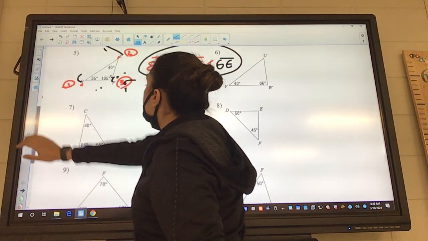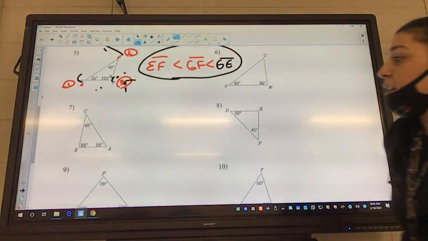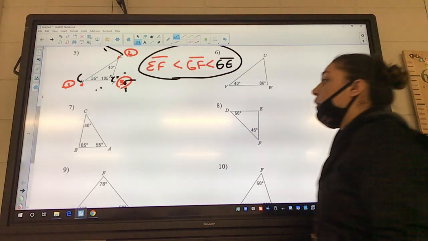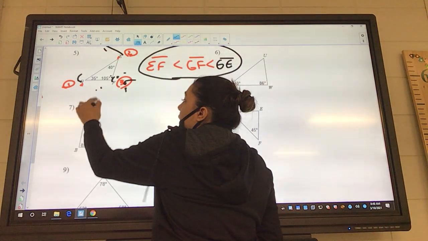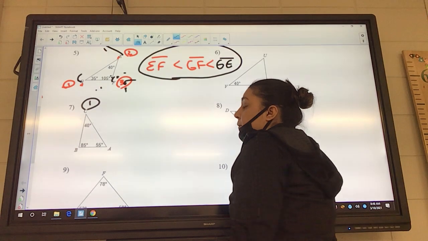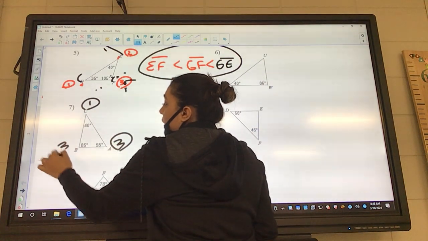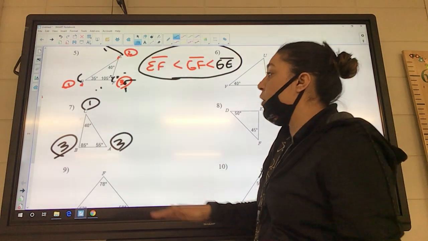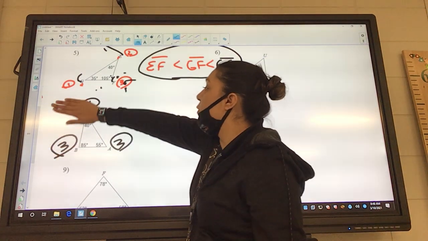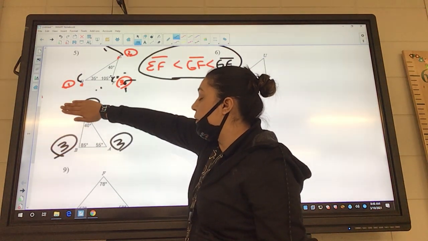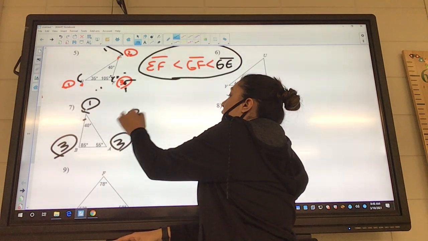Okay, so look at 7. What's the smallest one? C, the next smallest one, A, and the next, B. So obviously we're going to use one first. If I'm using one, what two letters are left? BA. So it's going to be BA.